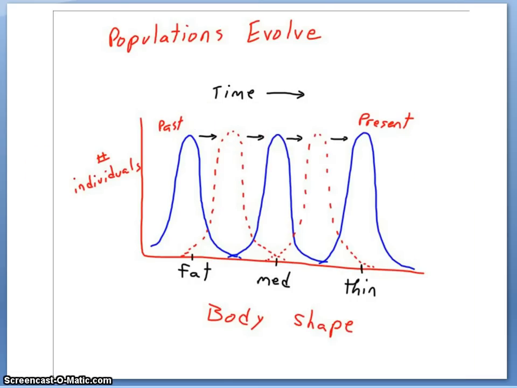So in this way, over time, predators are going to be eating the average ones and the fatter than average ones each generation more often than they will eat the thinnest members of every generation. Because the thinnest members of every generation are more likely to survive and reproduce, the average body shape in the next generation will be shifted to the right. And over time, the population will be evolving thinner and thinner bodies.